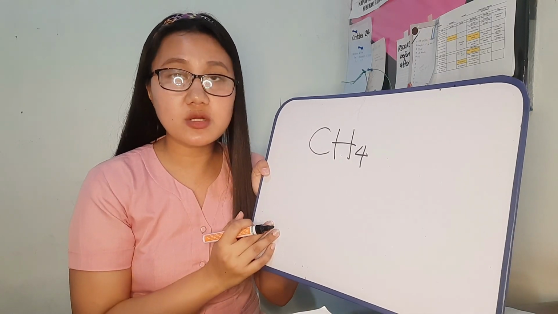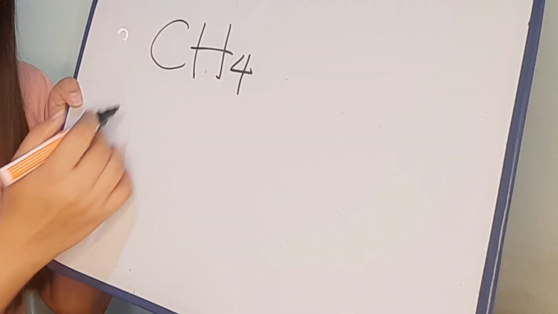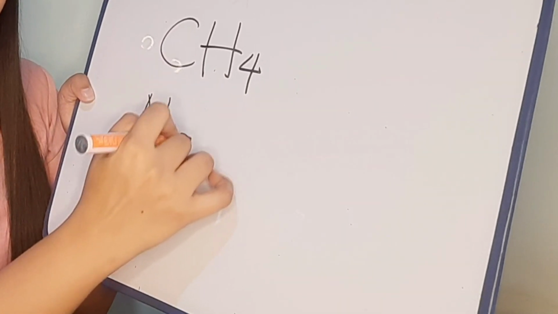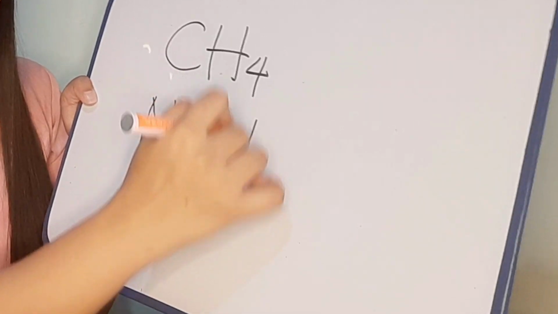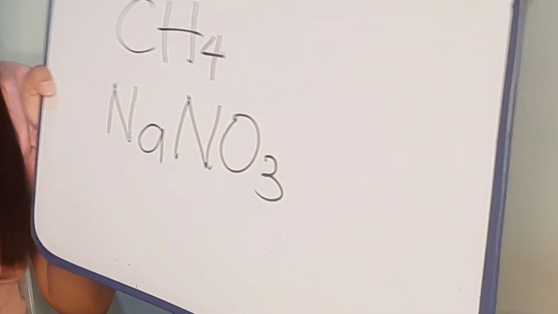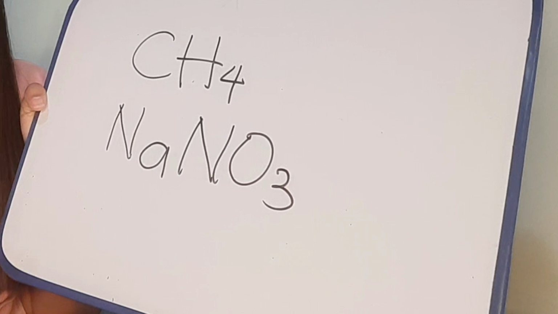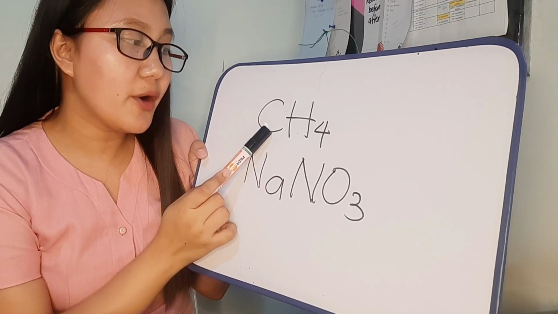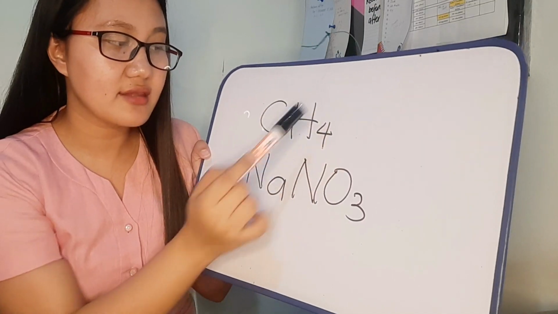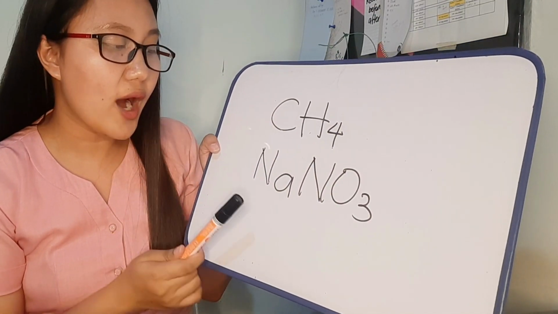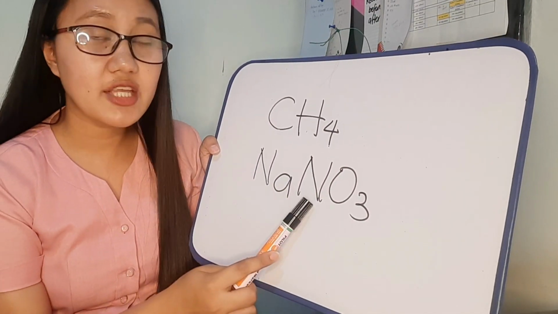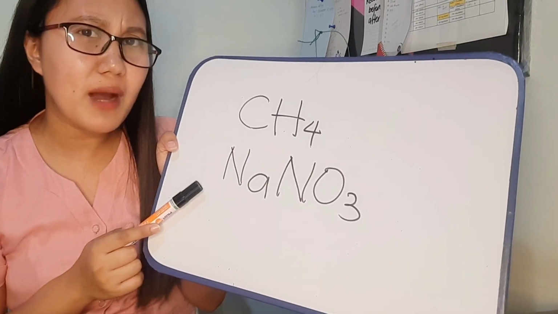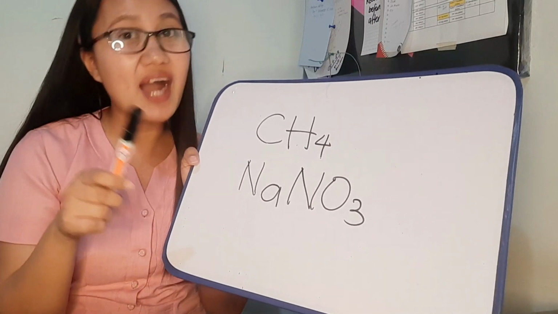And let us use also the sodium nitrate, which has a chemical formula of NaNO3. Okay? So, kukuhanin ulit natin ang percent mass ng carbon at ng hydrogen sa methane. At dito naman sa isang compound, kukuhanin natin ang sodium, nitrogen, and oxygen dito sa sodium nitrate. So, paano ba kuhanin? Panoorin nyo hanggang dulo.